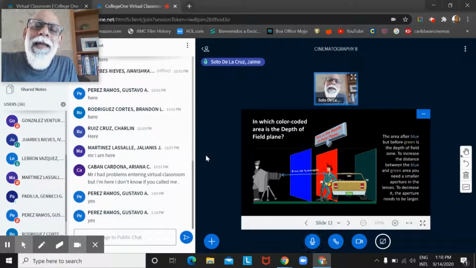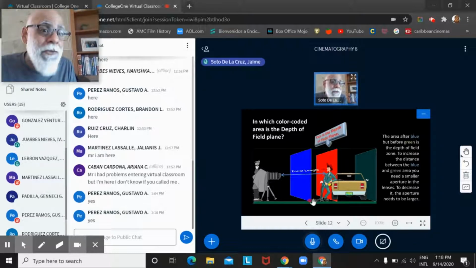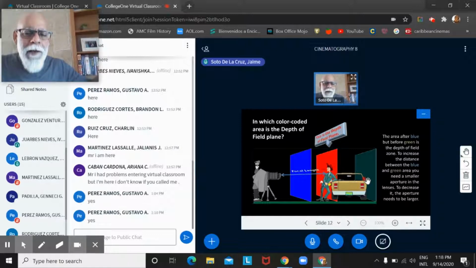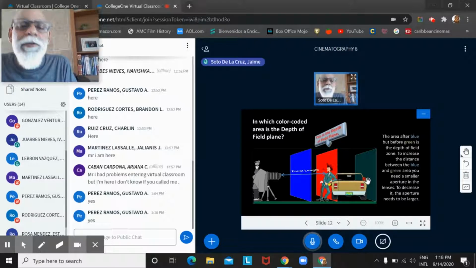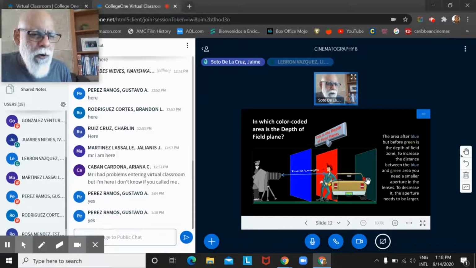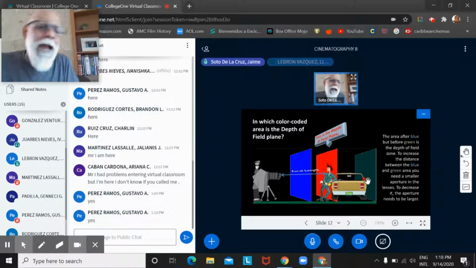In this case, the depth of field plane is the area between that blue barrier that you see there and this green barrier. That area between the blue and the green is the depth of field plane. And things will be more or less in focus, but where they will be most in focus is where you see the red barrier.